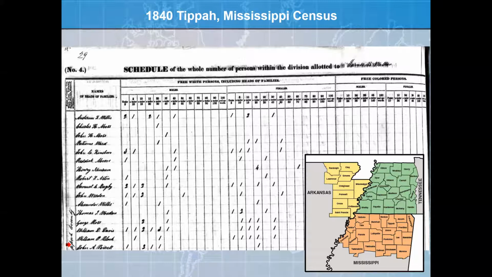More investigation shows me that the family of Winifred Hobson, John A. Powell's wife, also lived in Tippah County. Perhaps he moved there to marry her. Other records, such as land deeds and court records, lead me to believe that John A. Powell, born 1817, was the son of John Powell, born about 1790.